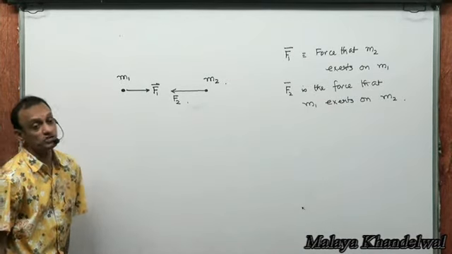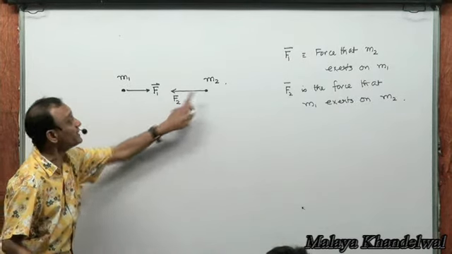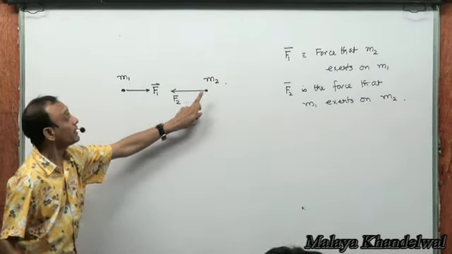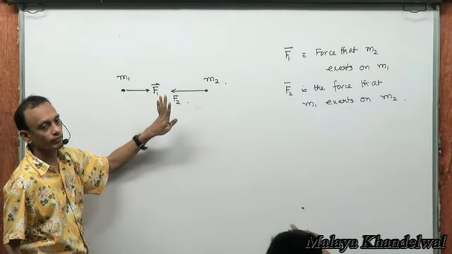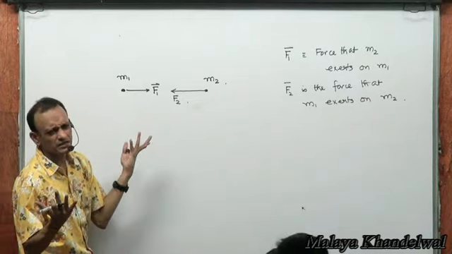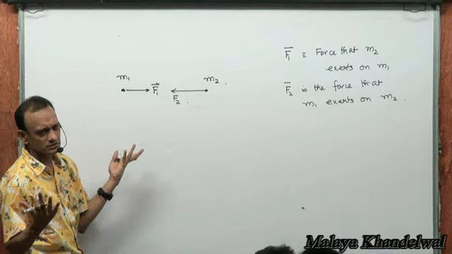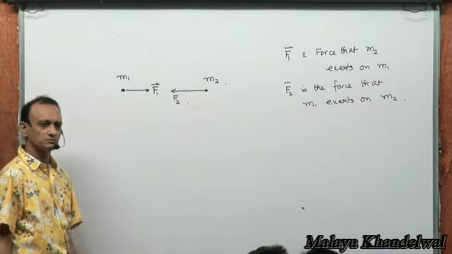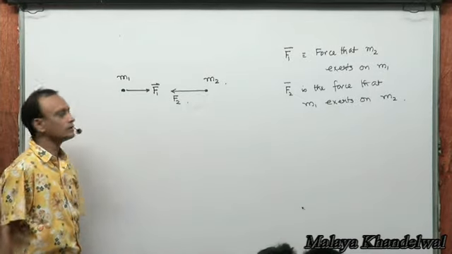F1 and F2 are forces. F1 is the force acting on M1, and who exerts this force? Say M2. Right? It can be any direction. How does that matter? I mean, it could also have been like this and like this. That's okay.